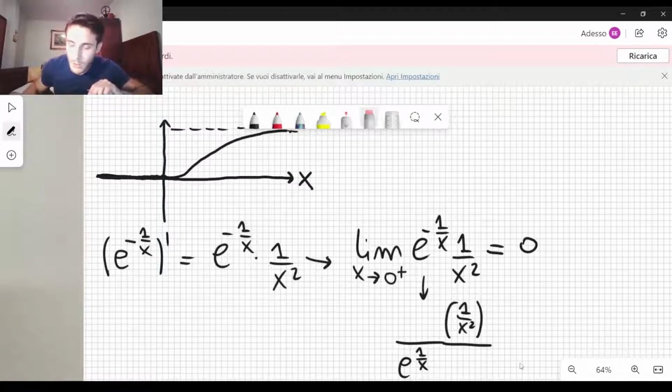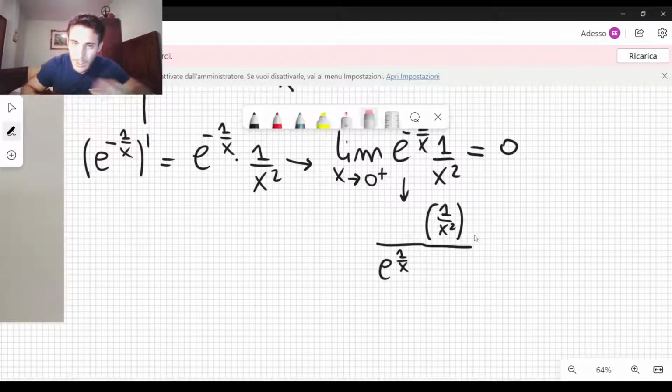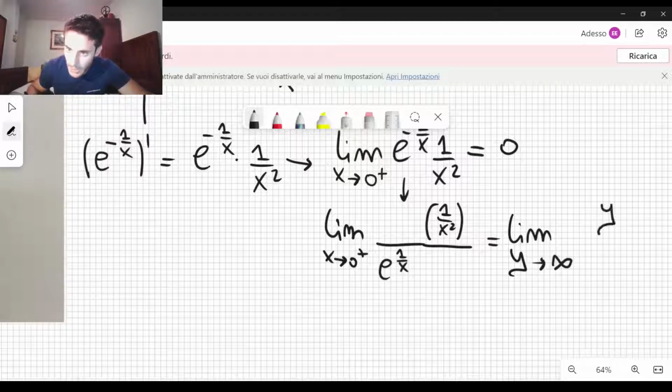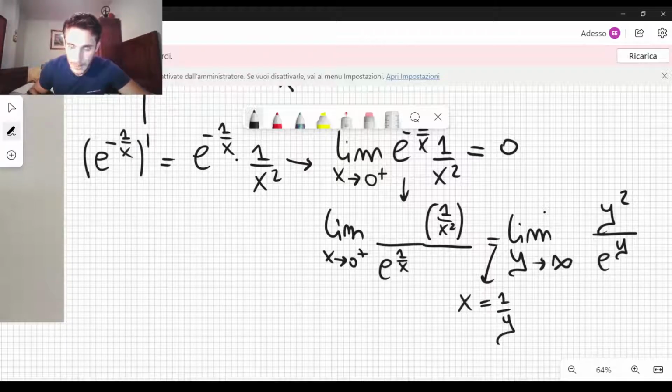And you can also change the variable. So we have to calculate the limit as x goes to 0 plus, or you can calculate the limit as y goes to infinity. And here you have y squared over e to the y. So you're changing the variable from x to 1 over y, basically.